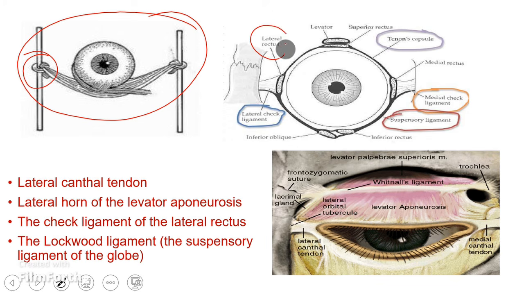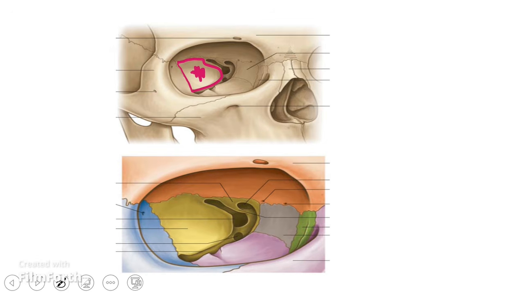Apart from that, you have the lateral rectus, and a part of the lateral rectus ligament, which is called the lateral check ligament, is also inserted on the tubercle of Whitnall. So the four structures inserted on the Whitnall tubercle are the lateral canthal tendon, the lateral horn of the levator aponeurosis, the check ligament of the lateral rectus, and the Lockwood ligament.